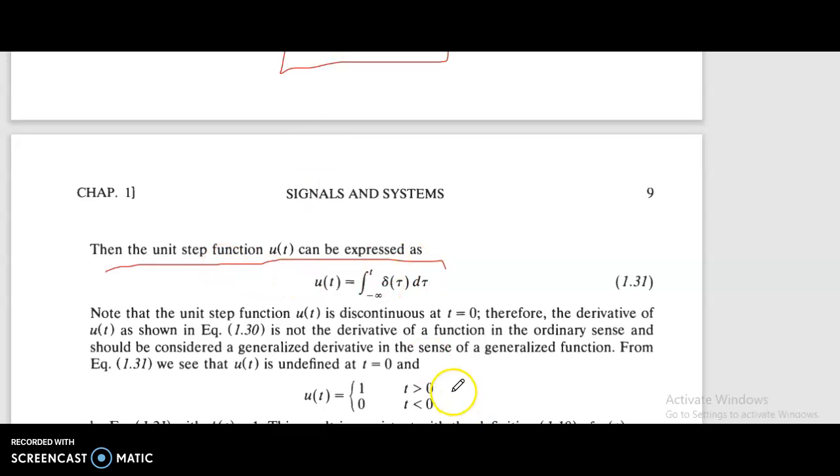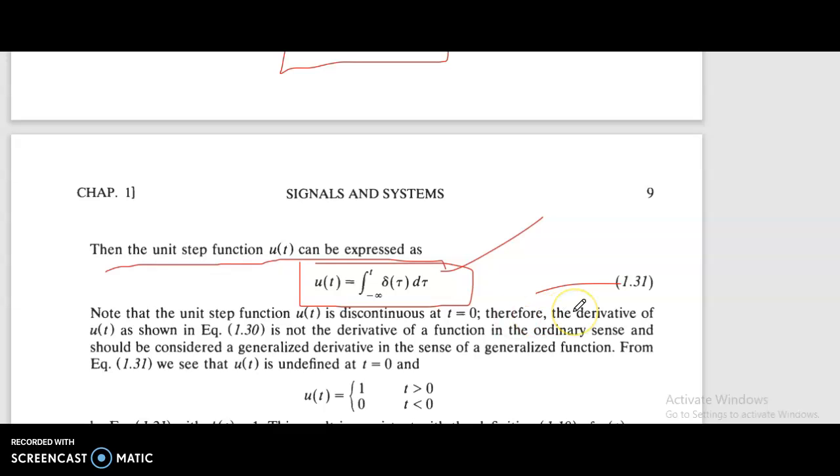Already we have seen this in the last video in the figure. e(t) can be expressed as e(t) equal to the integral from minus infinity to plus infinity of delta(tau) d tau. This is equation 1.31. Note that the unit step function e(t) is discontinuous at t equal to 0.